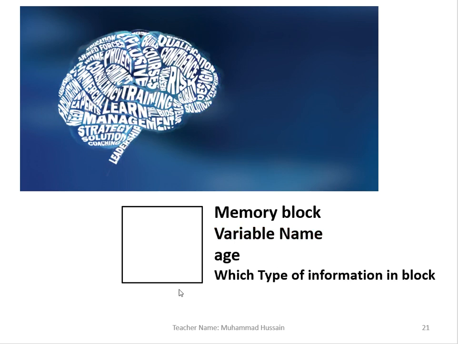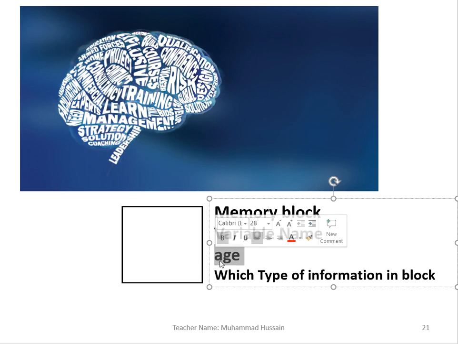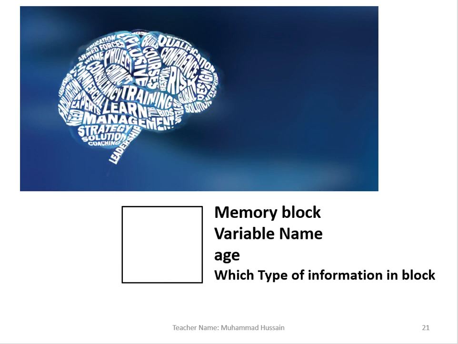Now if I ask you, the variable name is age, I have a block whose name is age, which type of information can be present in this block? You will give me the answer, sir, that it contains a number, surely some kind of number.